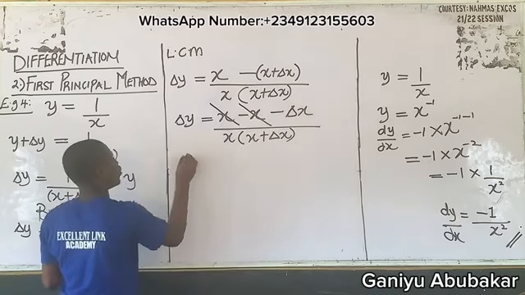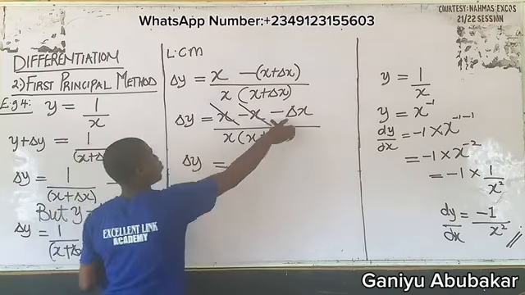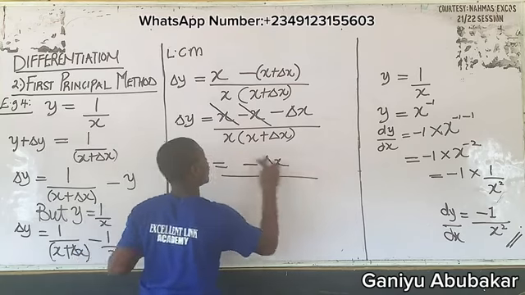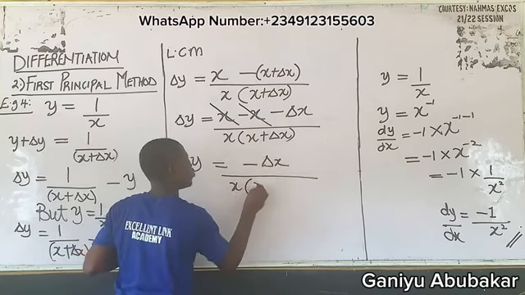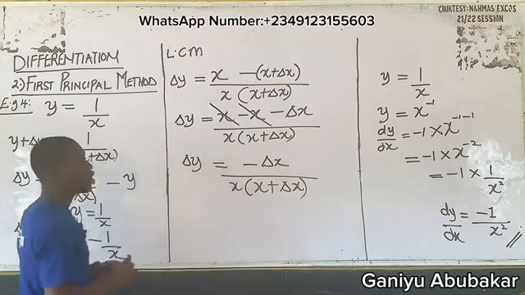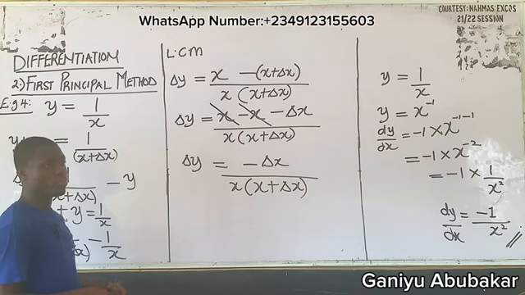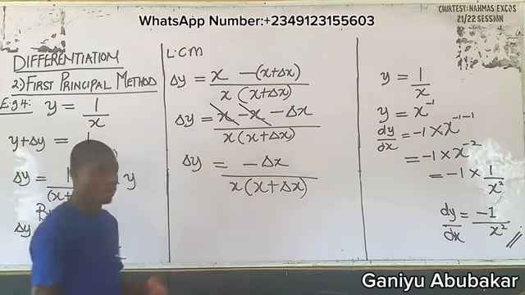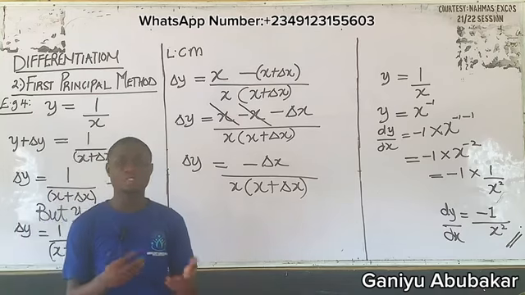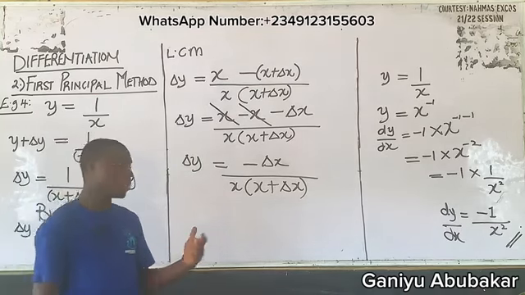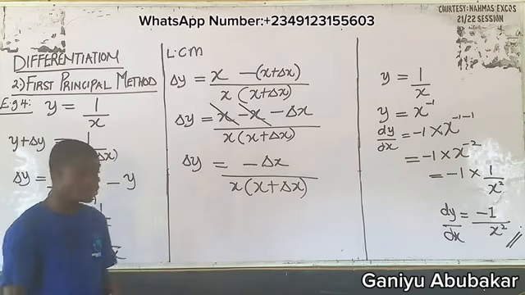From here, I'll have that change in y is equal to minus change in x all over x into x plus change in x. At this point, check your previous example in our previous video. After cancelling out an expression, the next task is to divide through by change in x, right?